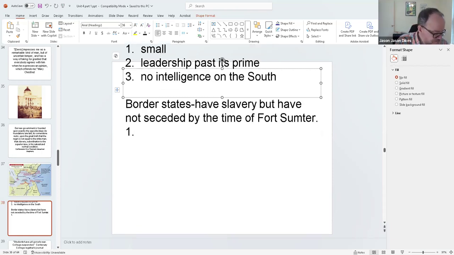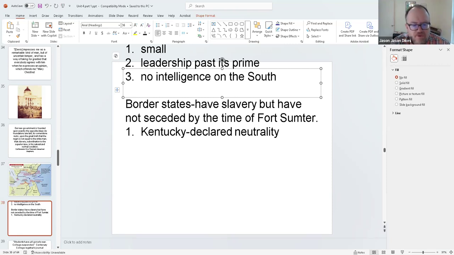First of all, Kentucky declared itself neutral. It will lean Union, but officially neutral.